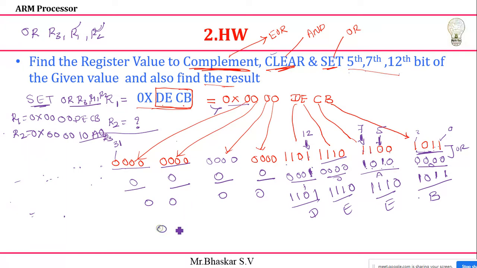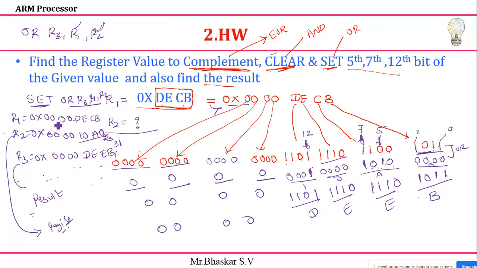So this is the final result value what I'm getting: 0 0 0 0 and E E B. So this is the result what I am getting. This is the register value to clear. So what is the instruction we need to use? They'll ask for the instruction, find the instruction. This is the instruction what I'm going to use.